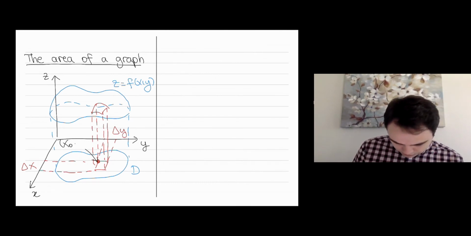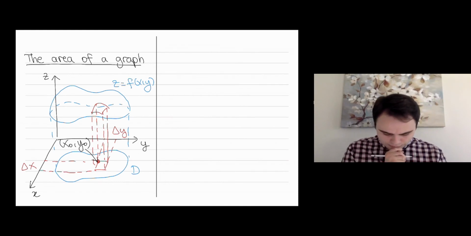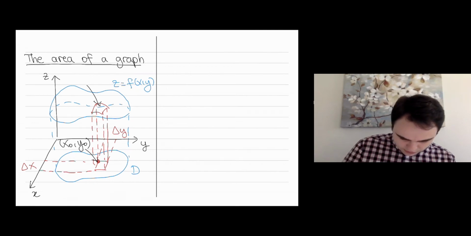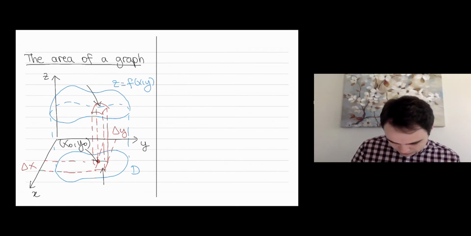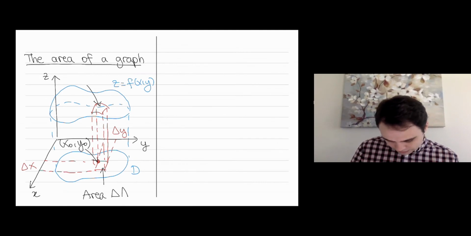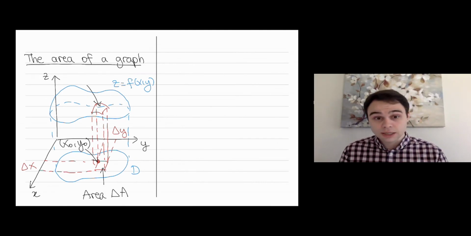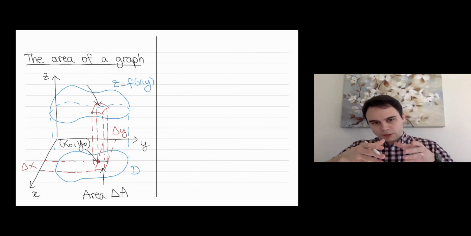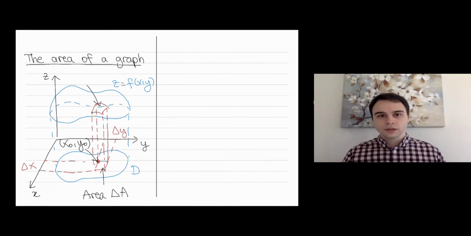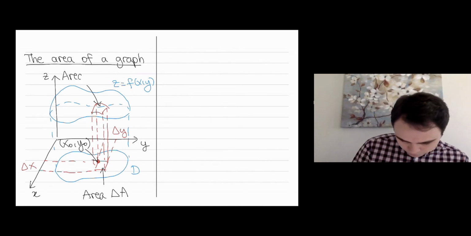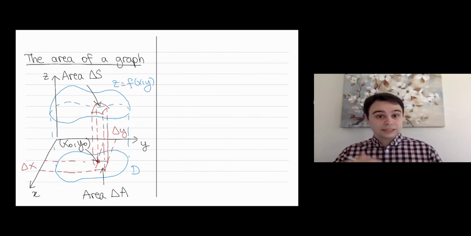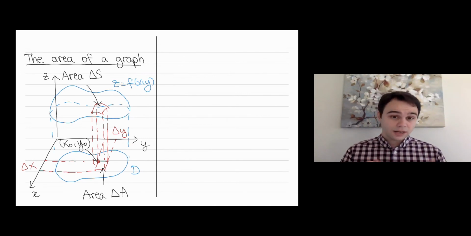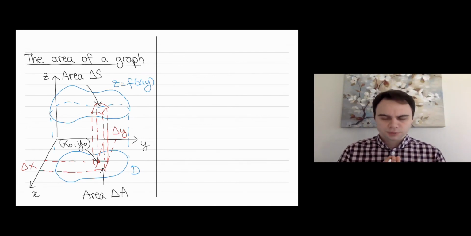Let me say that the piece at the bottom has area delta A, so delta A is equal to delta x times delta y, and that the piece of the graph that sits above this rectangle in the xy plane has area delta S. Our job is to relate delta S with delta A, assuming that delta x and delta y are really small. The dimensions of this rectangle are really small.